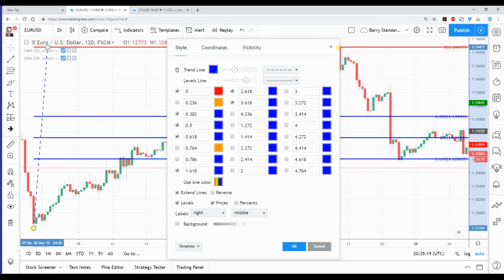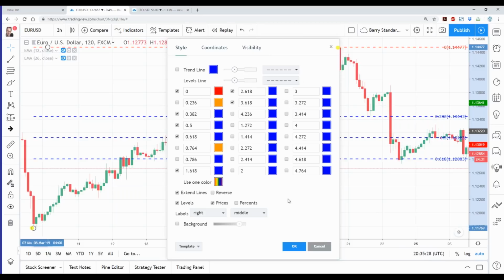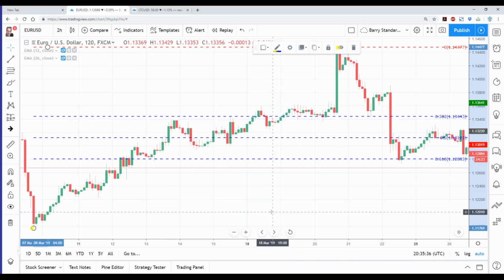You can also decide how thick you want the levels, how broad you want them. You customize it however you want to set it up. Okay. So now that we have it on our charts, let's go back and start learning about how we can use this in our trading.